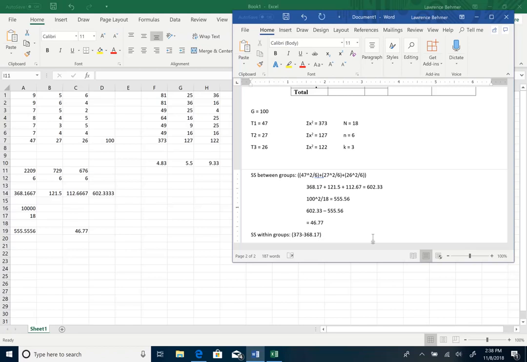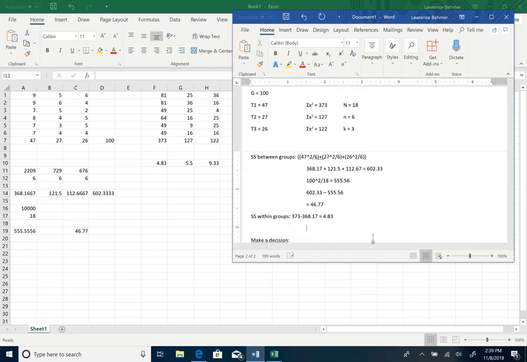But you do want to show enough so that I can easily figure out if you made any mistake or where you made the mistake, so I can give you some guidance. They're the same, right? So now we're going to go 127 minus 121.5. That's going to give us 5.5. And then we'll do it for the last one. Again, this is all the level of work that you really need to show here.